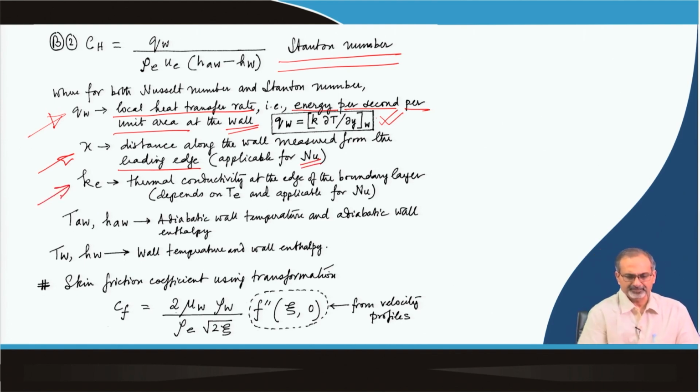Coming to Ke, it is the thermal conductivity at the edge of the boundary layer, and it of course depends on Te, and it is again applicable for Nu, the Nusselt number.